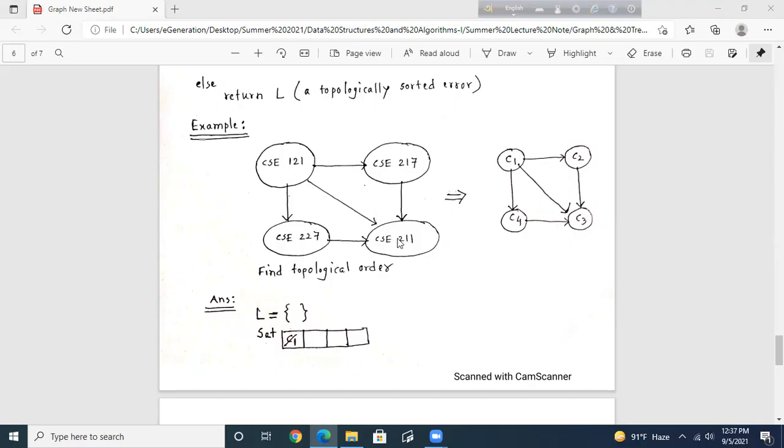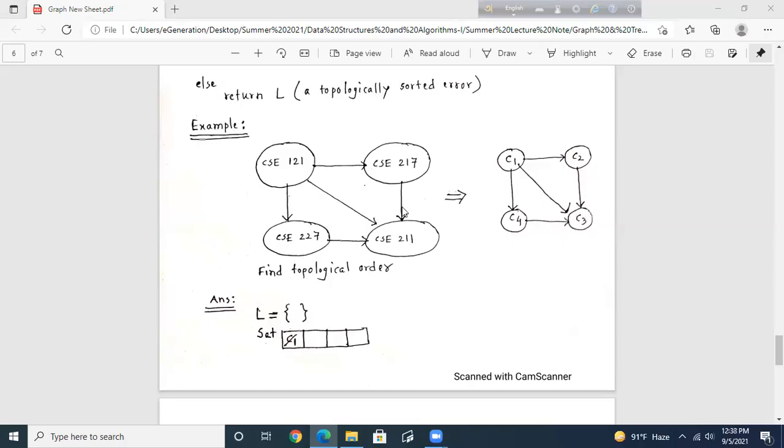If this arrow direction were reversed, in that case there would be a cycle. But now this graph does not contain a cycle, so I cannot go from CAC 211 to CAC 1 to 1. Similarly, dear student, this part also does not contain any cycle.